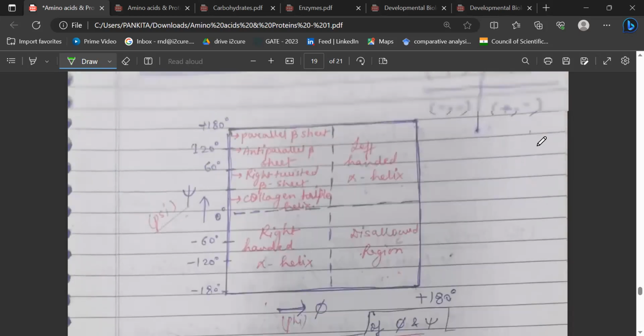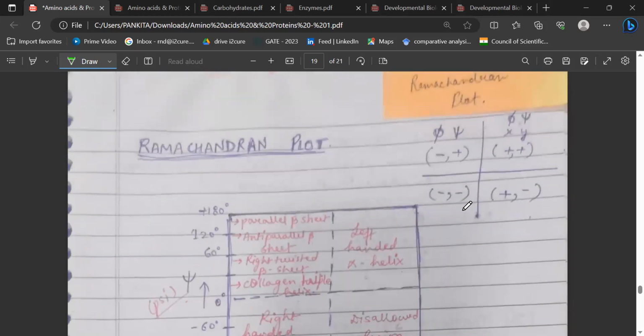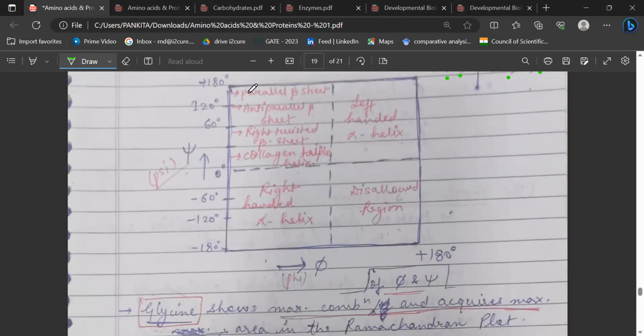If we divide it into 4 quadrants, you can see both positive and negative values. Dividing the graph into 4 quadrants, we get the allowed regions of particular types of amino acid structure.